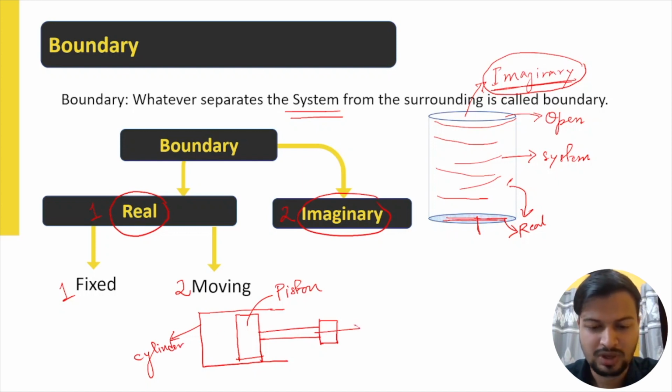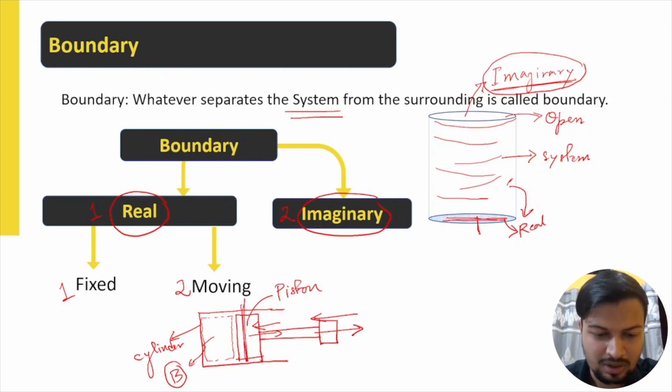We can move this piston forward and backward. If we consider this part, suppose there is some gas B. Suppose we are considering this gas B to be our system, and if we move this piston forward and backward, then this gas will also expand and compress accordingly.